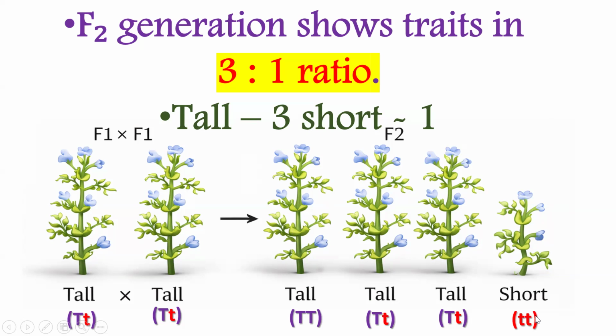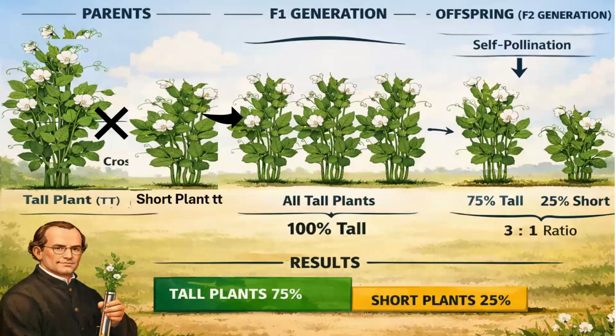But the short one became dwarf because both of them were small t. And the ratio is 3:1. So this is a tall plant crossed with a short plant by cross-pollination. Then this is the F1 generation, and self-pollination resulted in 75% tall, 25% short.